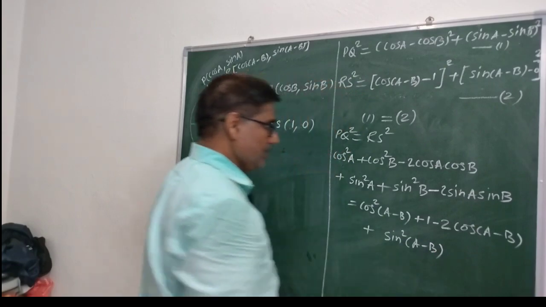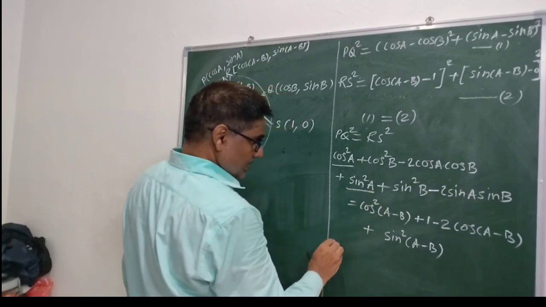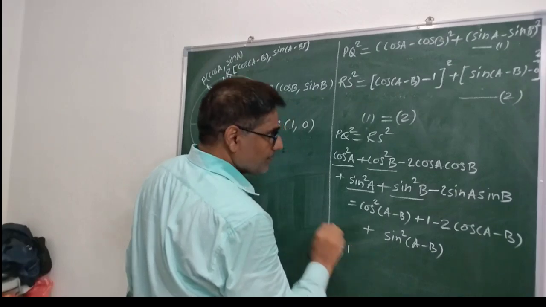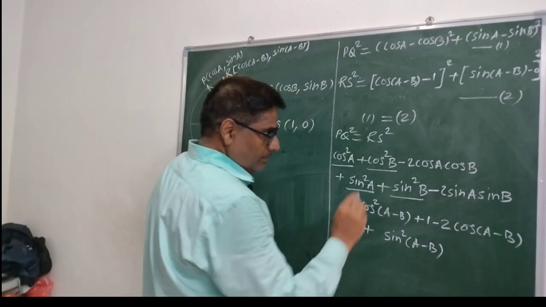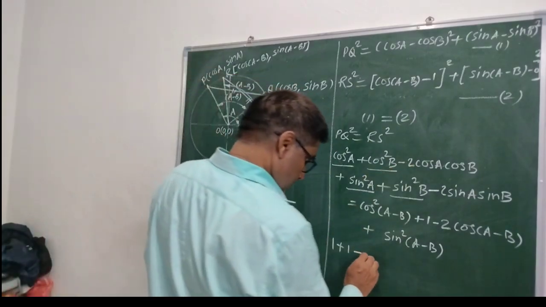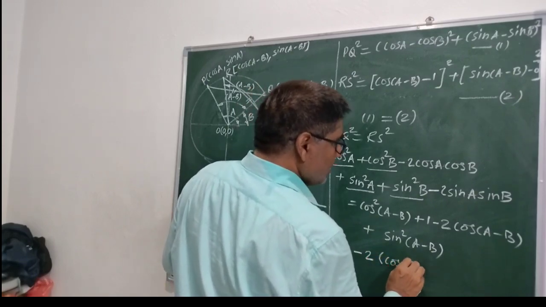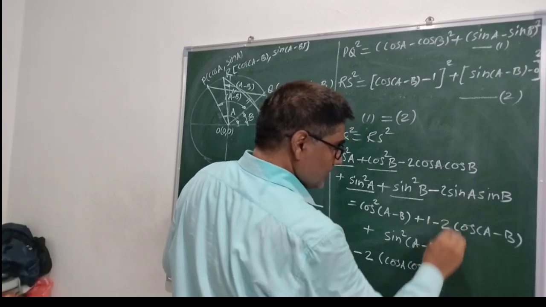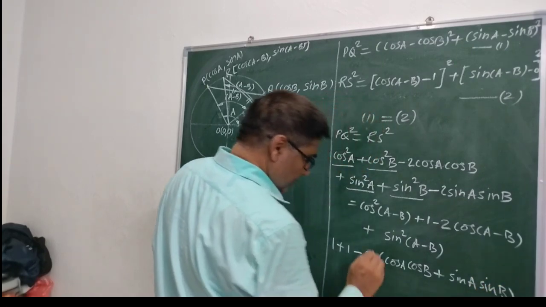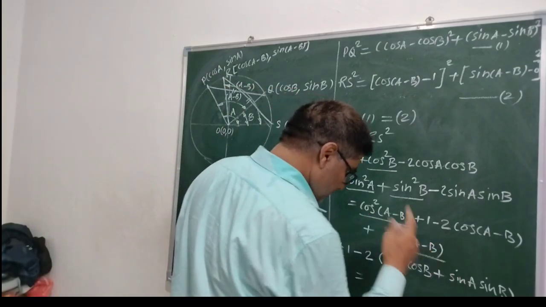Now see here, cos square A plus sin square A is 1, cos square B plus sin square B is again 1, minus 2 common we can take, minus 2 times cos A cos B plus sin A sin B. On the other side, cos square A minus B plus sin square A minus B, addition of these two is 1.